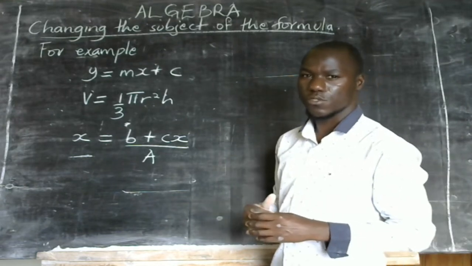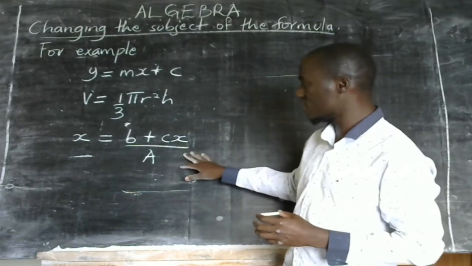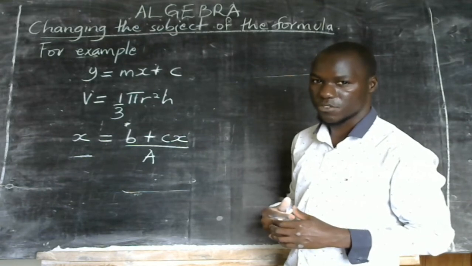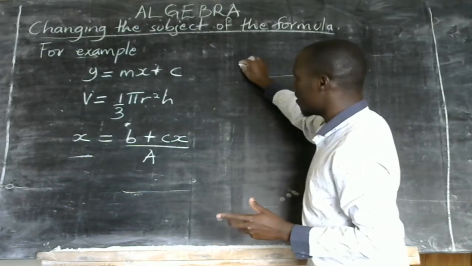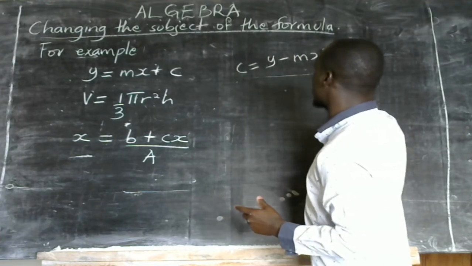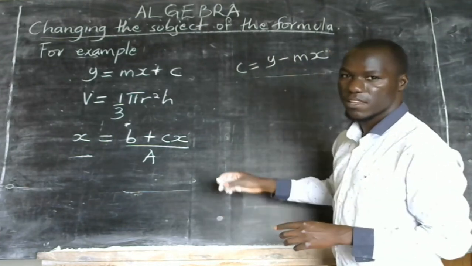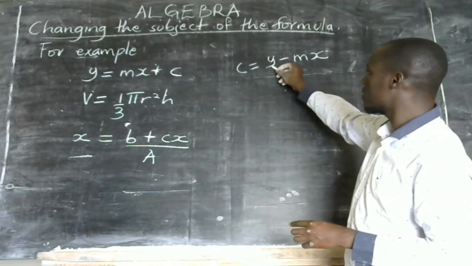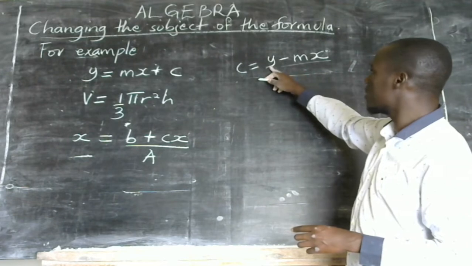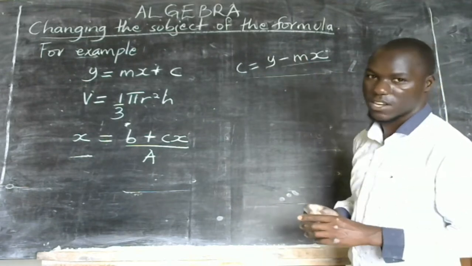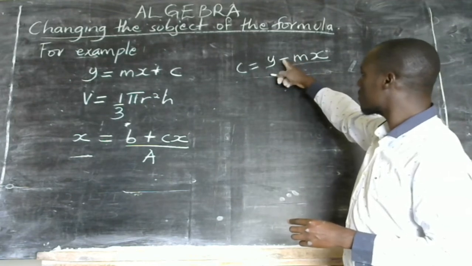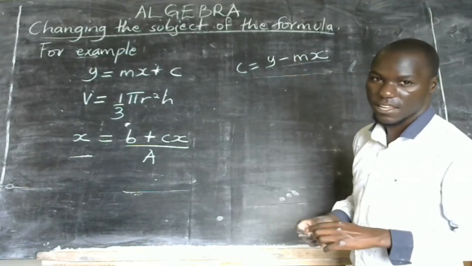Steps we take to do these things here, they are just the reverse operations. For example, if I had c is equal to y minus mx and I want to make y the subject, you can see that this other part which is attached to y is being subtracted on that side. So the reverse operation of subtraction is the addition.